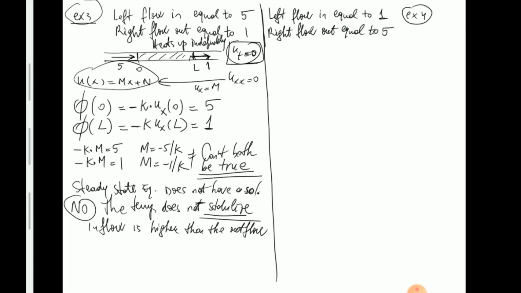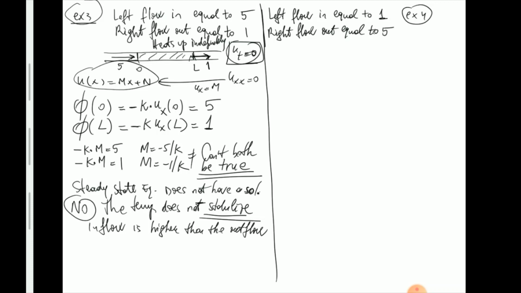But even if you don't realize that, by solving the problem you reach a situation which cannot be true, which is a signal that the problem is not correctly formulated. In this case, it was not correct to assume, given these boundary conditions, that u partial t is equal to 0.